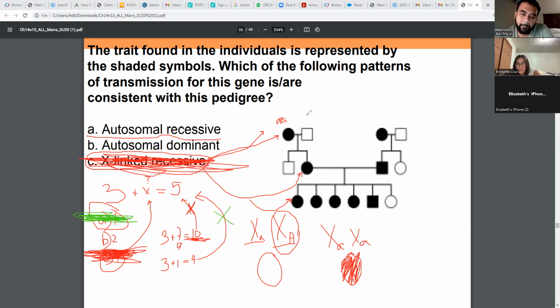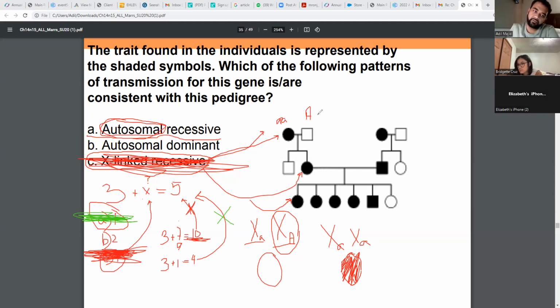Don't worry about X and Y, because we're saying autosomal now. What does autosomal mean? Autosomal means not sex linked. It just means when we're talking about big A and little a, it's not connected to X and Y.